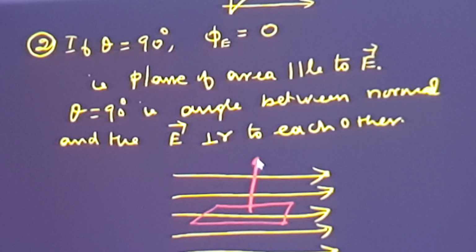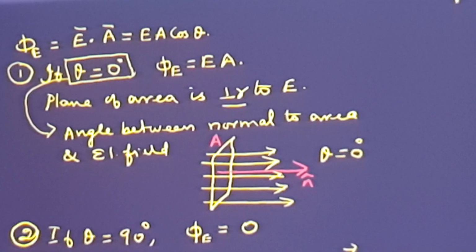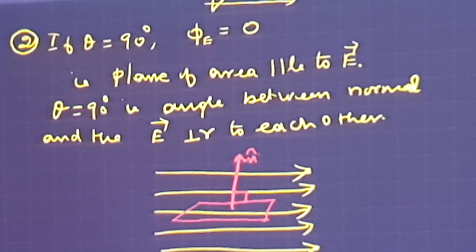Then the normal drawn, n vector, and the direction of the electrical field are perpendicular to each other, so theta is equal to 90. When theta is equal to 90, the plane is parallel; when theta is equal to 0, the plane is perpendicular. I think you are clear with this idea.